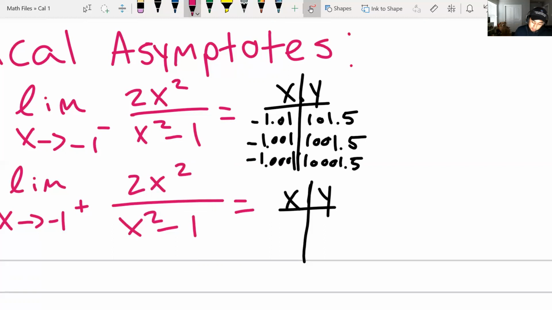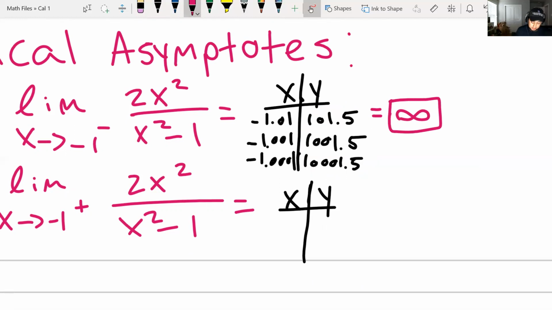So I can assume that as I get closer and closer to -1 from the left, these values are headed towards infinity. So based on my XY chart, I get positive infinity.